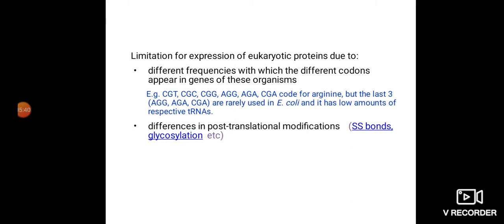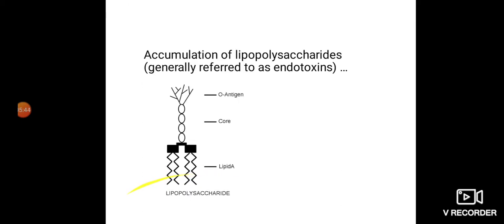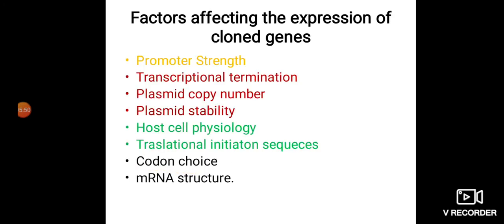Another very important difference is post-translational modifications, mainly glycosylation and disulfide bonds, which cause accumulation of these antigens. Then, the factors which affect the expression of cloned genes, in any expression system or expression vector, mainly regulate the expression of proteins.